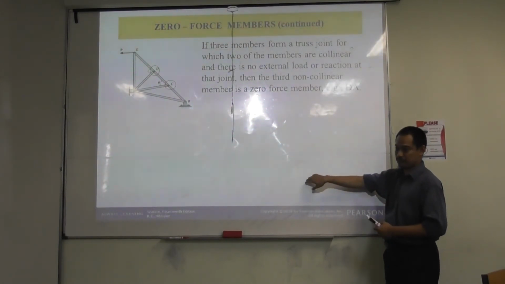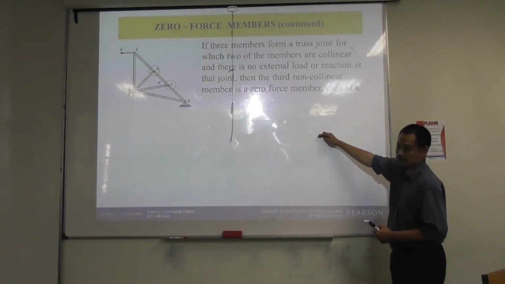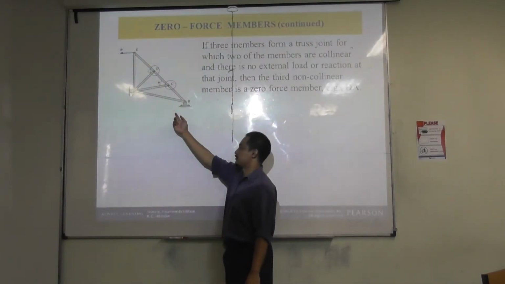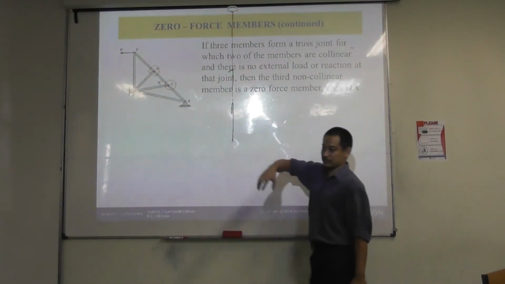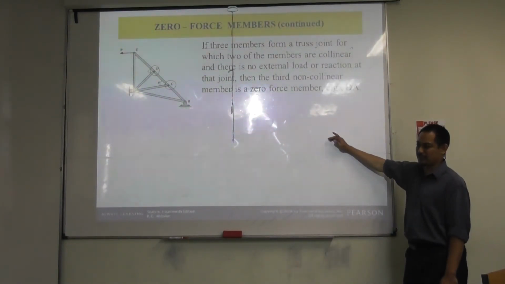Second, if there is a zero-force member but you do not realize it, your calculation will be longer because you have to solve many things to get to the answer. You still get the right answer but it will be longer.